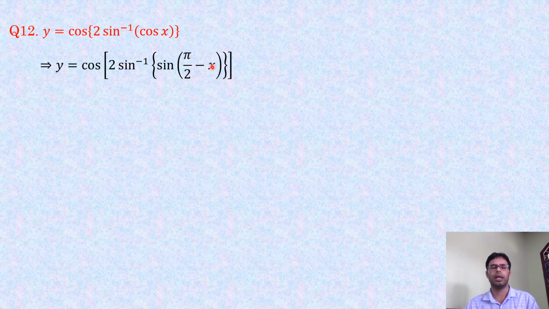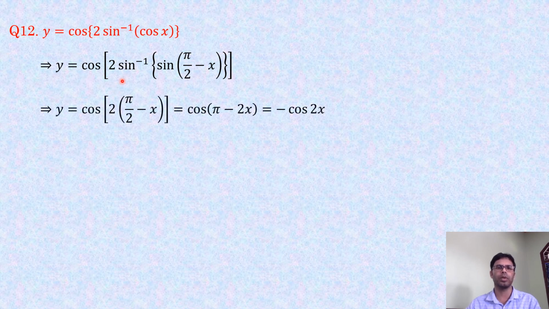This is one trigonometric property, and then the sine and sine inverse will eliminate each other. So we have only cos of 2 times pi by 2 minus x remaining. Completing this product, it is cos of pi minus 2x, which is of the form cos of pi minus theta, and this is nothing but minus cos theta.